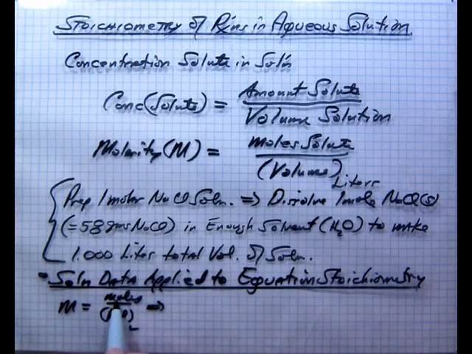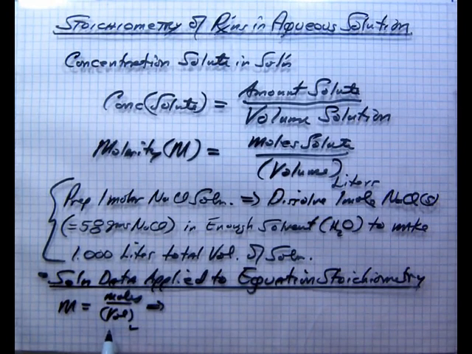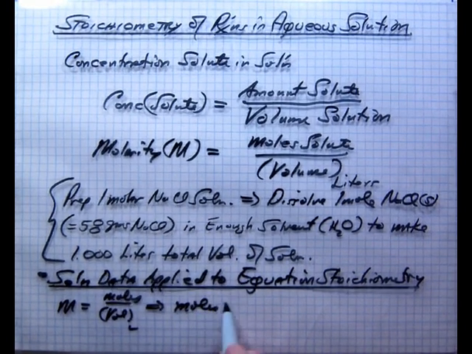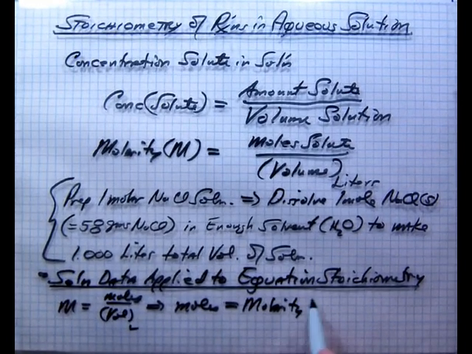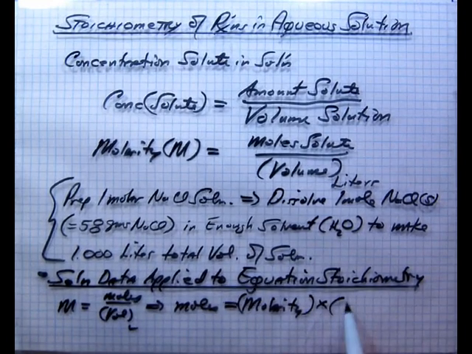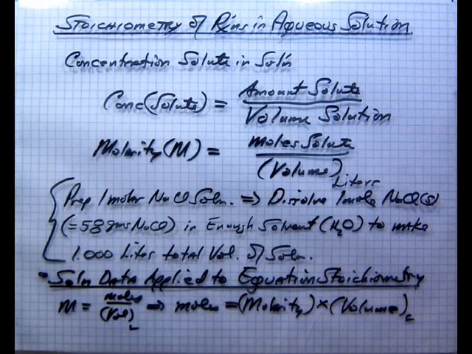Well, I can solve that for moles, the numerator, from the definition of molarity. Moles is equal to the molarity of the solution you're working with times the volume in liters of the solution you're interested in. So to work with chemical reactions in aqueous solution, you'll be given, say, a molarity and volume. Well, you take those numbers, convert to moles, and apply it to the equation.